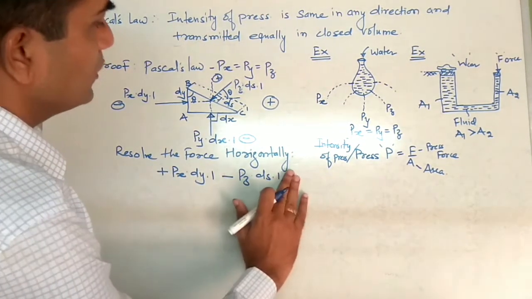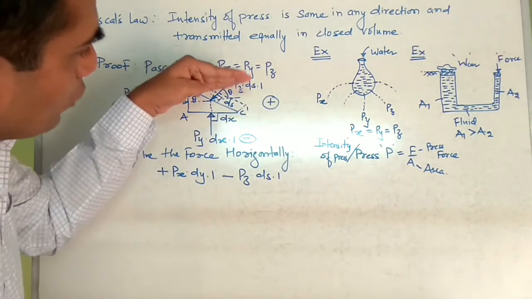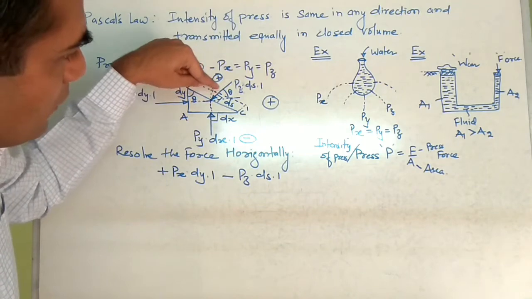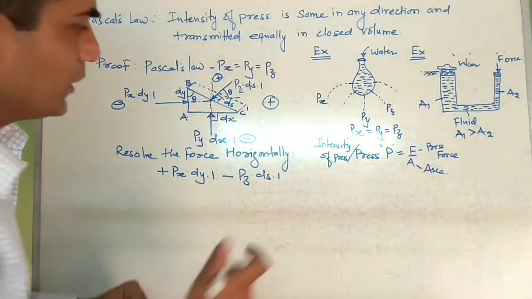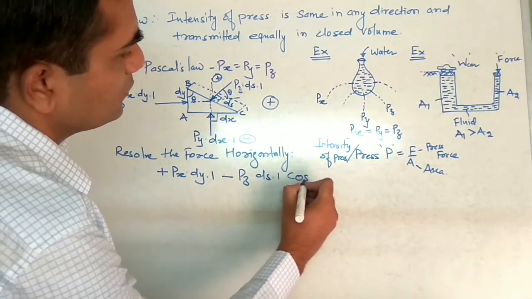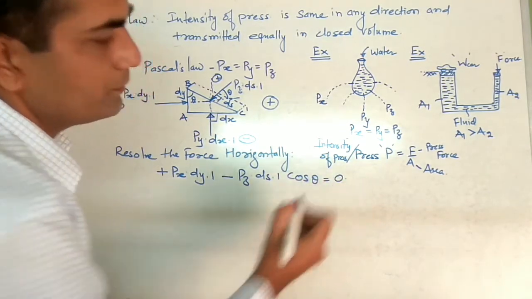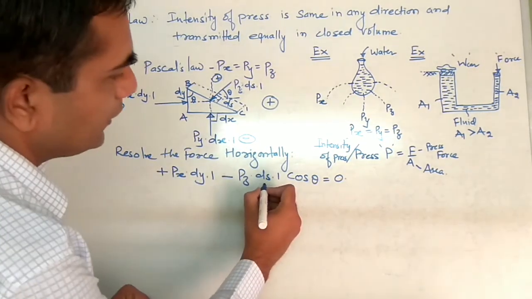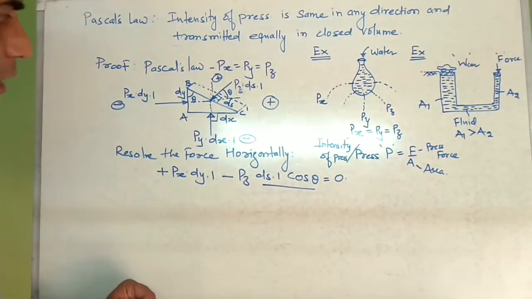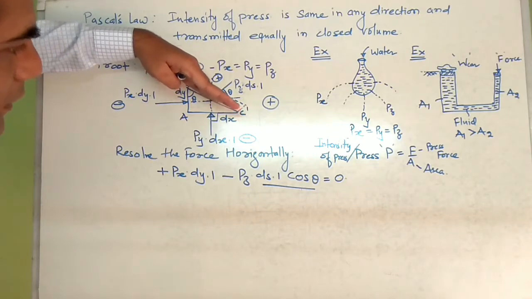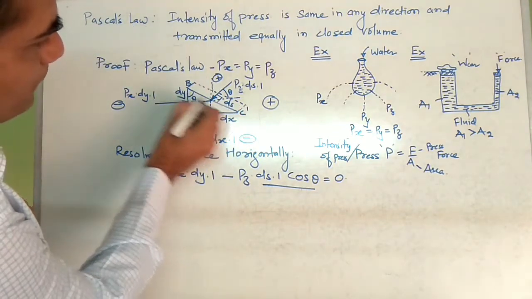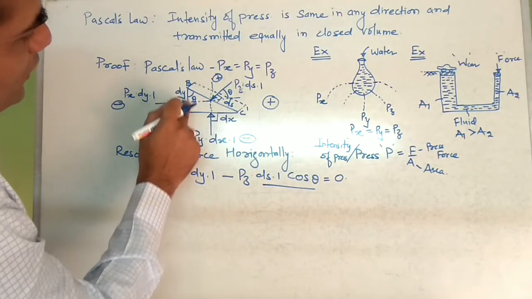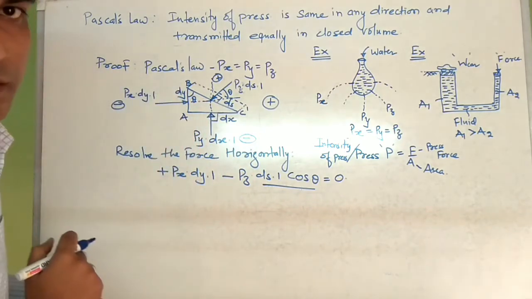Sorry, this is the inclined one. Now we need the horizontal component. So Pz ds into 1, this is the force, but this theta is also going to be considered, so that is cos theta, equal to 0. Now if we further see that ds multiplied by cos theta, so ds is this length, and if we take the cos theta of this ds, you'll get the vertical side dy.